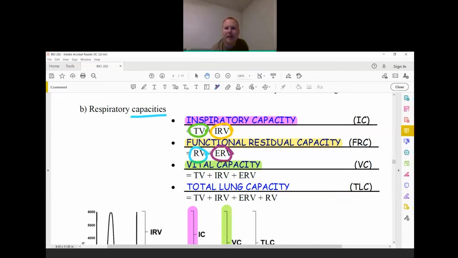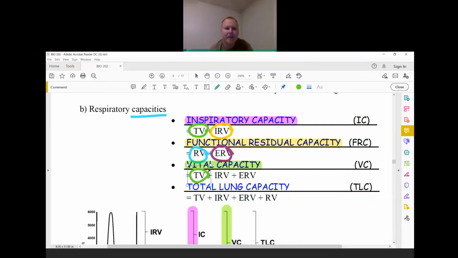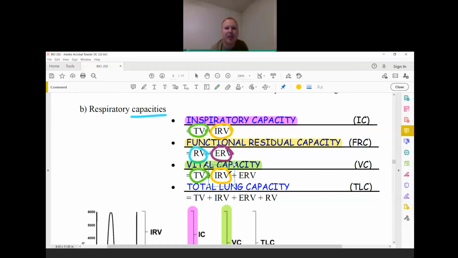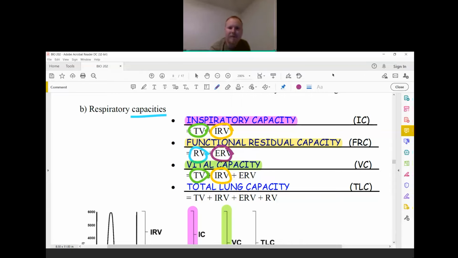Well, you take your tidal volume, inspiratory reserve volume, and expiratory reserve volume. So all the volumes that you can breathe that cause the gases to move.